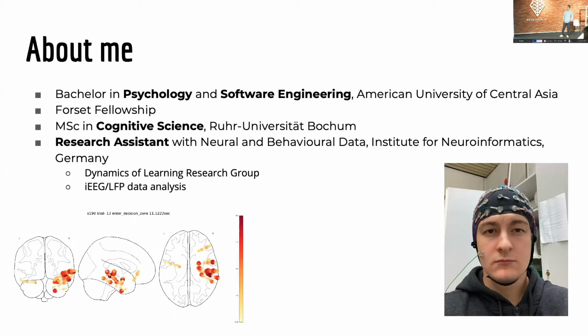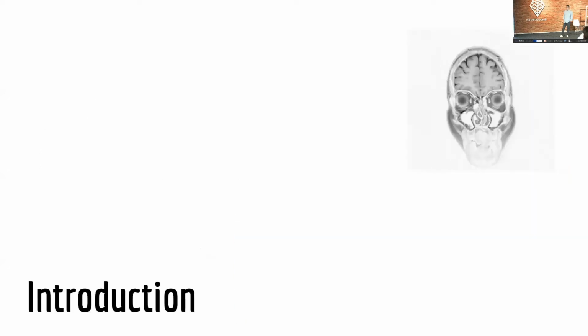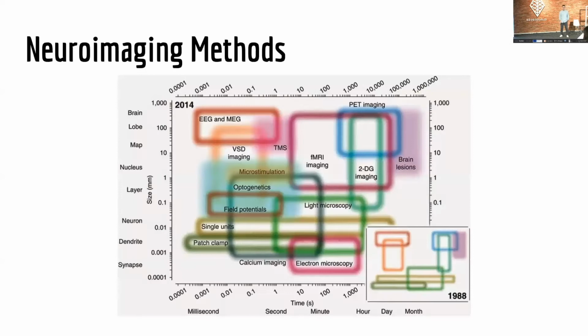So, introduction. There are many ways how you could measure brain activity. All of them have their own advantages and disadvantages. Let me go through this very busy graph together with you. On the vertical axis, you could see the spatial dimension, and on the horizontal axis, you could see the temporal dimension.